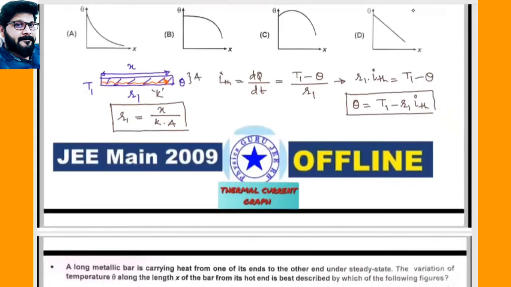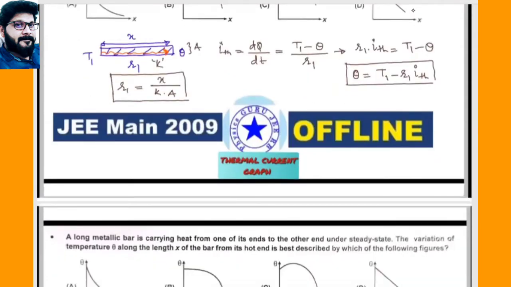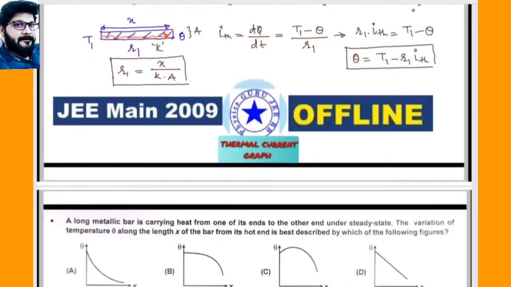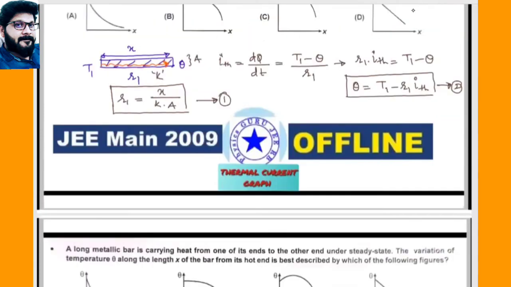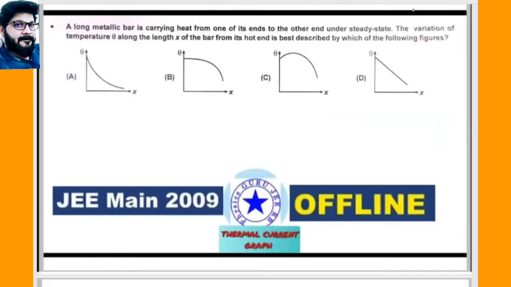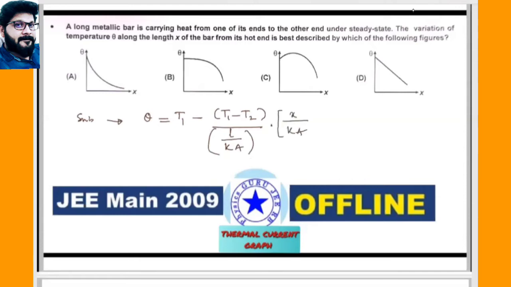Now I'll take this, call it equation number 2, and substitute it in equation 1. Substituting, theta equals T1 minus the thermal current expression, T1 minus T2 divided by L by K into A, into the thermal resistance x by K into A. Hope this is clear till this point.